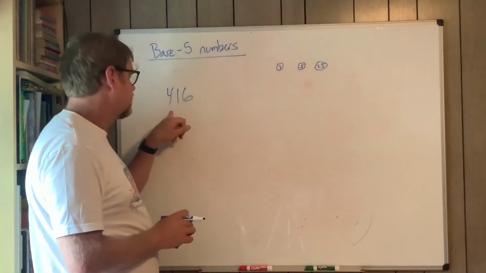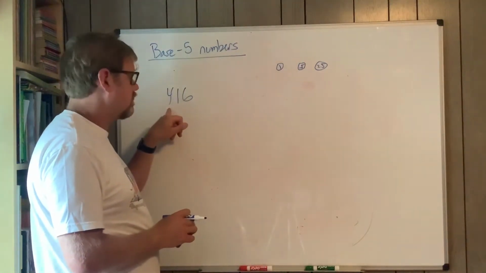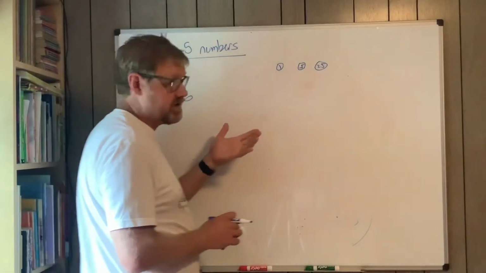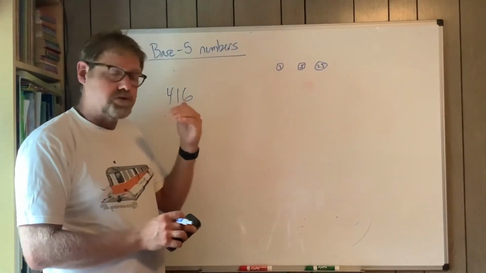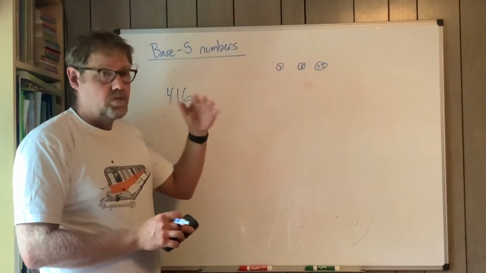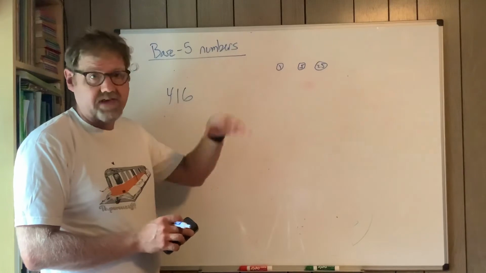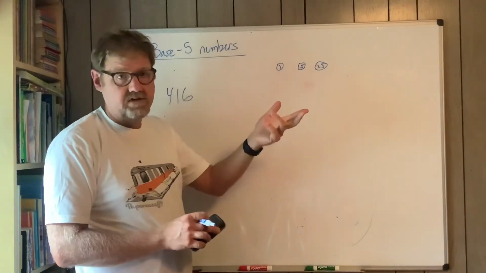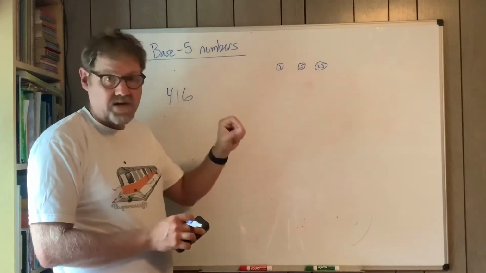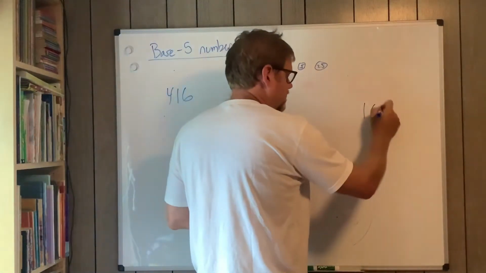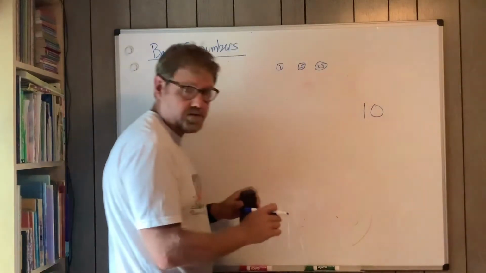Okay, so here's what we're going to do now. In base 10, really we use the digits only between 0 and 9. Once we reach 9, if we're just counting up, 10 is represented by 1, 0, one ten and 0 ones, the number 10.